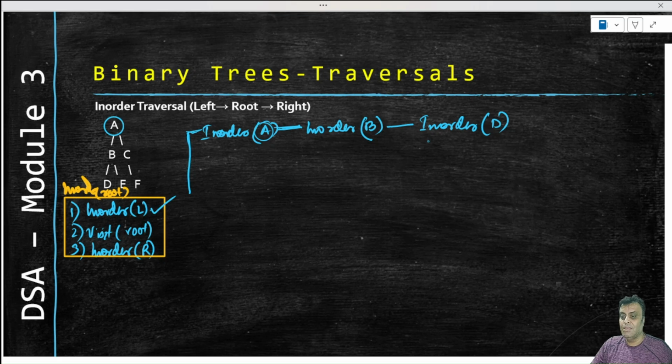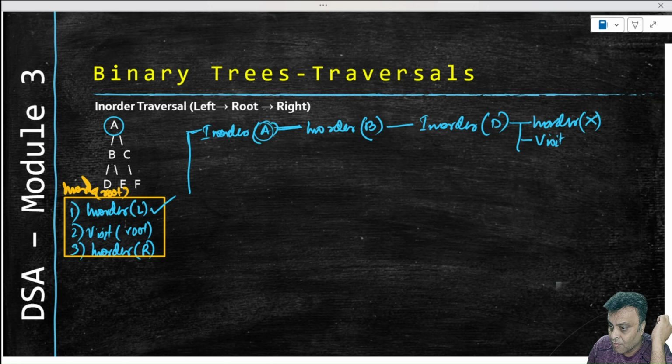And when I say in order of D, then I have completed the left of D, so I will actually do an in order of a left of D, which is nothing. Then I will do an in order visit of the root. The root in this case is visit D. Then I will do an in order of the right of D, which is nothing, right?